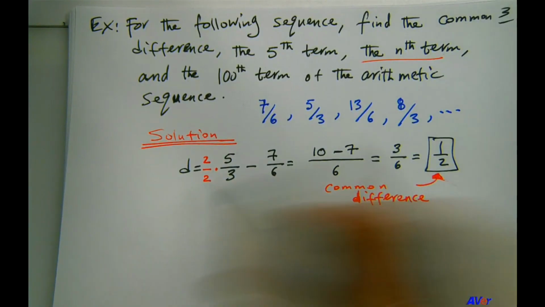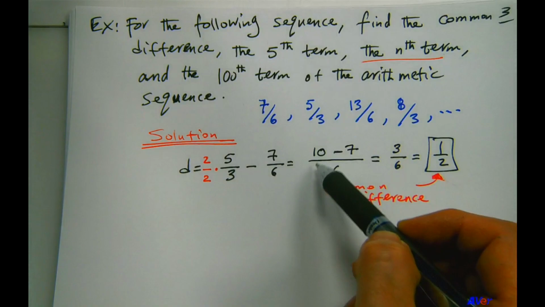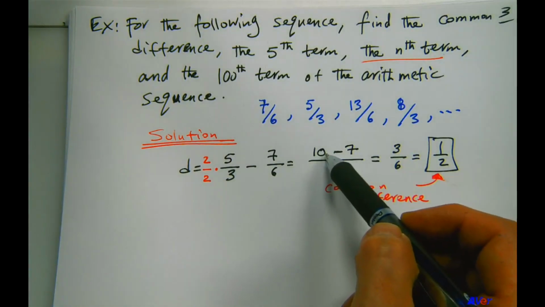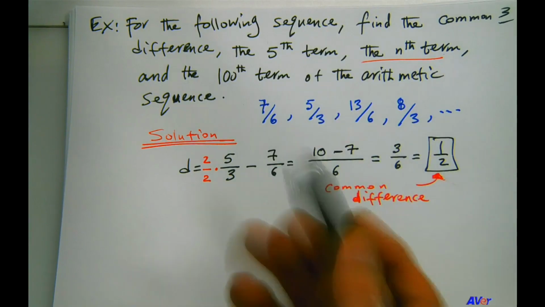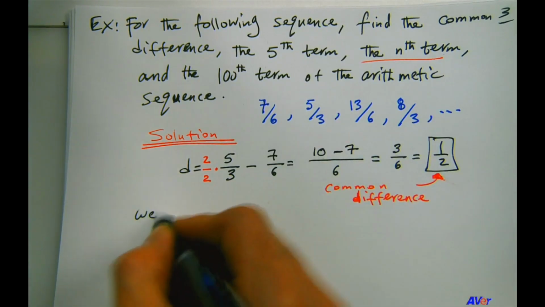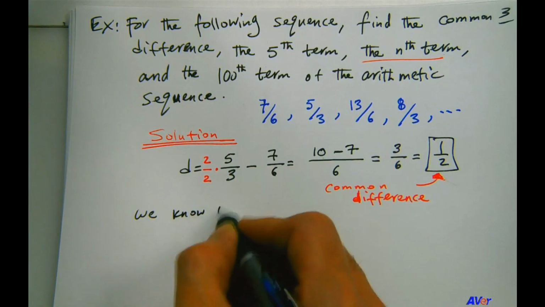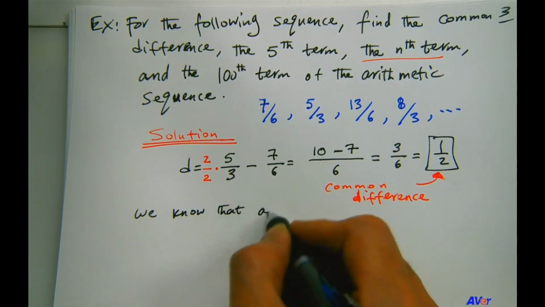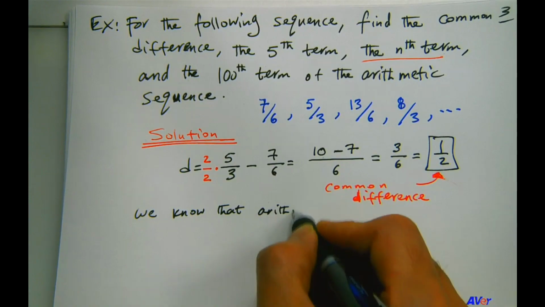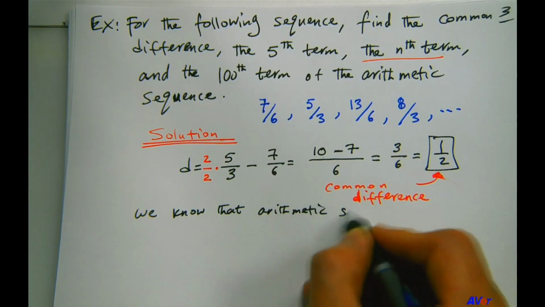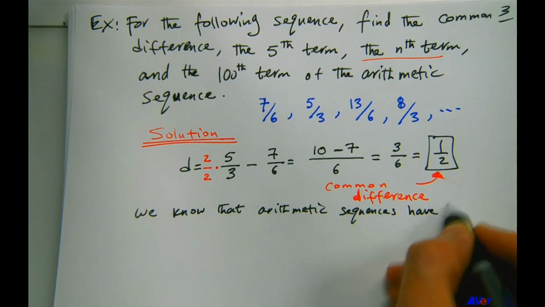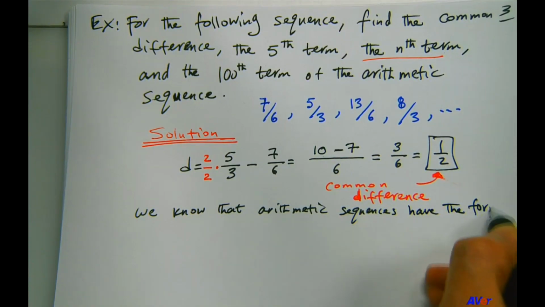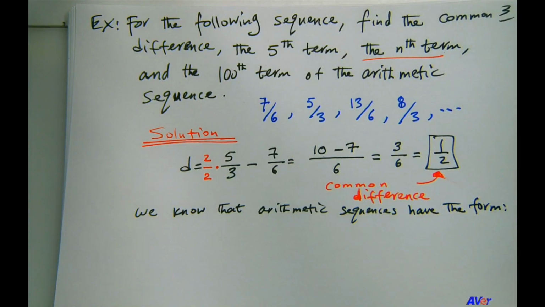In fact, we don't really need to find the nth term before calculating the fifth term. We already know that arithmetic sequences have this form, right, which we introduced earlier.